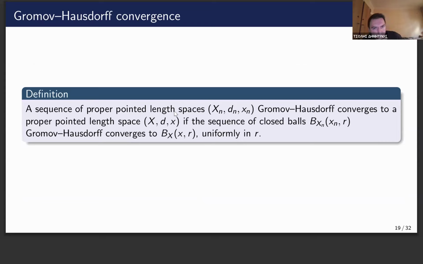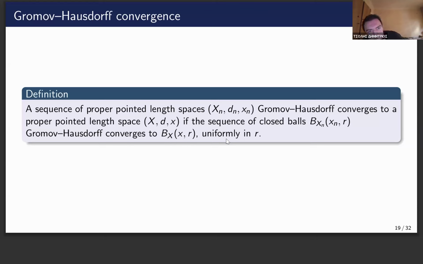And length means that any two points can be connected by curves, or to put it better, you can find the distance between two points as the infimum of the lengths of all curves that pass through those two points. So you consider those types of metric spaces, or length spaces, as we call them here.